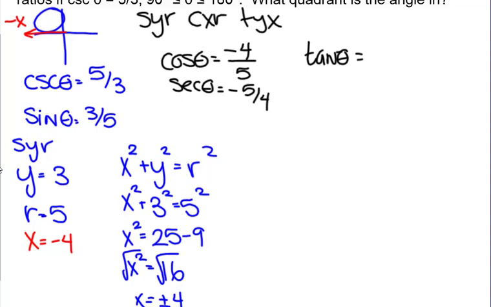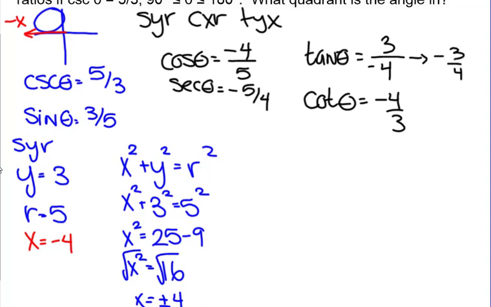Our tangent is equal to y over x, so 3 over negative 4, and our cotangent is the reciprocal of that. A question you might wonder: doesn't matter where your negative goes? No, you could also write negative 3 over 4, with the negative up front. As long as your overall thing is negative, that's the only thing that matters.